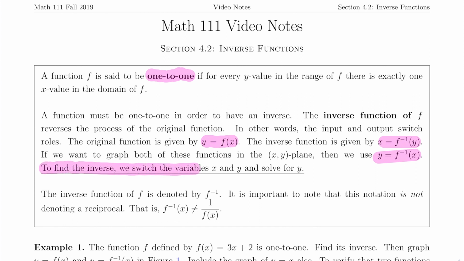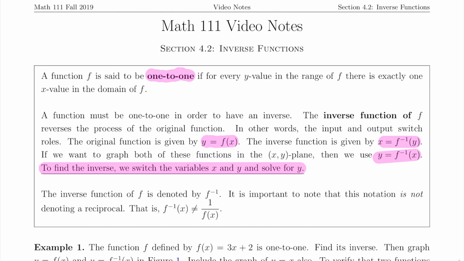So to find our inverse, we switch the variables x and y, and solve for y at the end. Now as you have noticed, our inverse function is written as f with a -1 in the upper right corner. So there's potentially a temptation to read it as f to the power of -1 and treat it as such, but that is not the case.